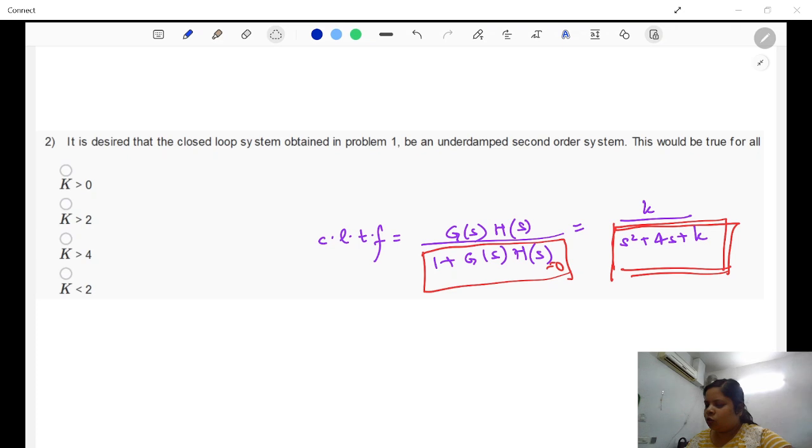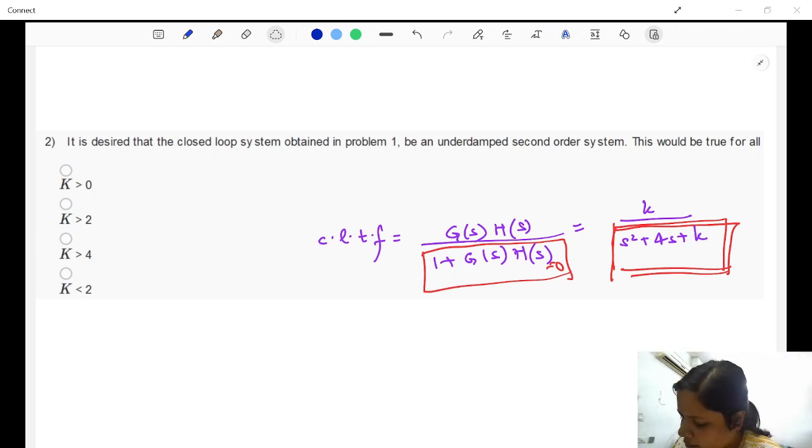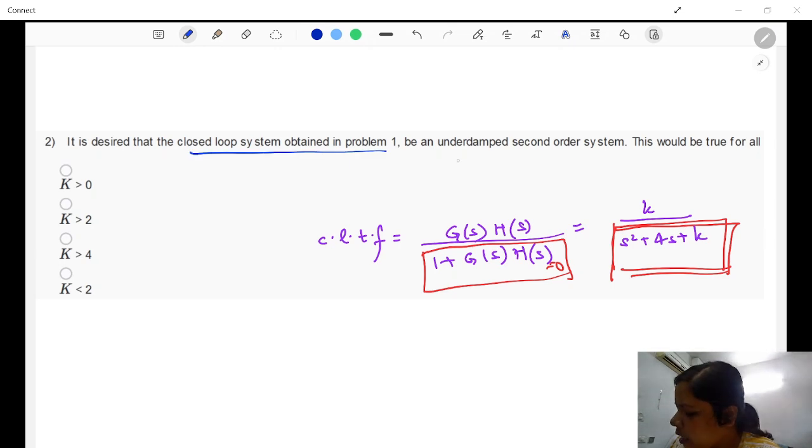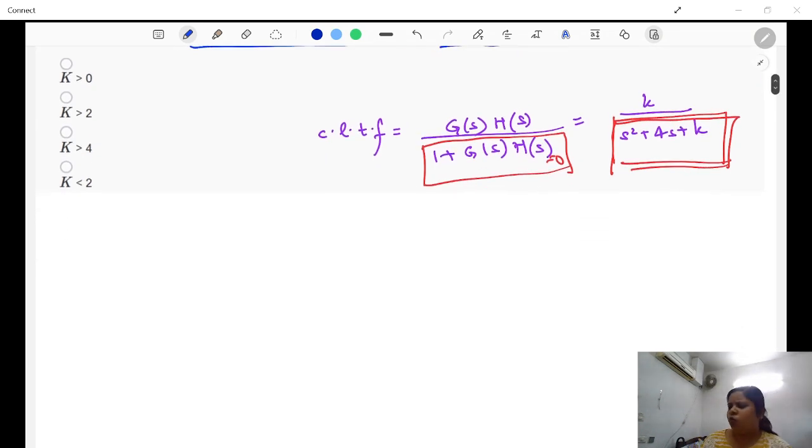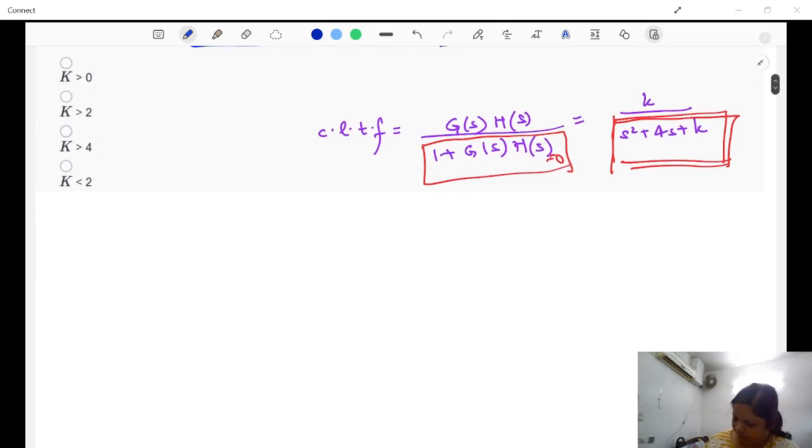So what is an underdamped second order system? What is an underdamped system?